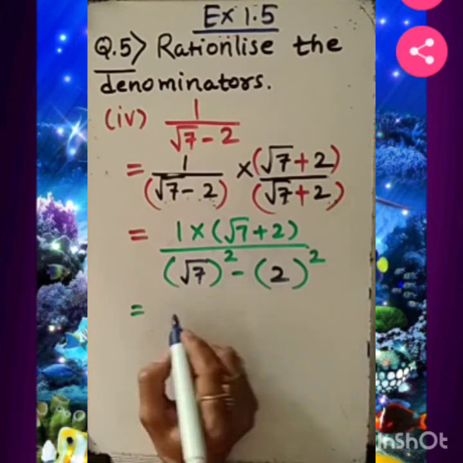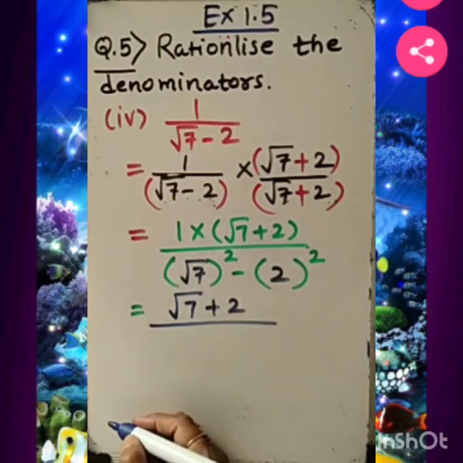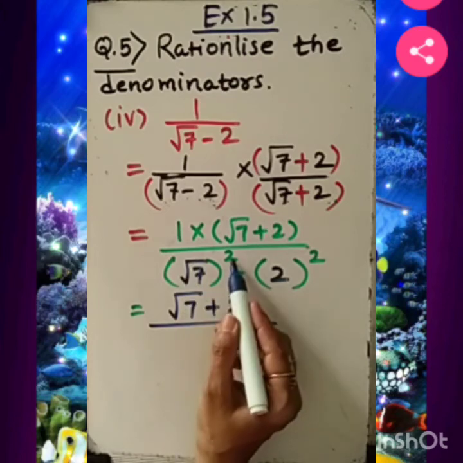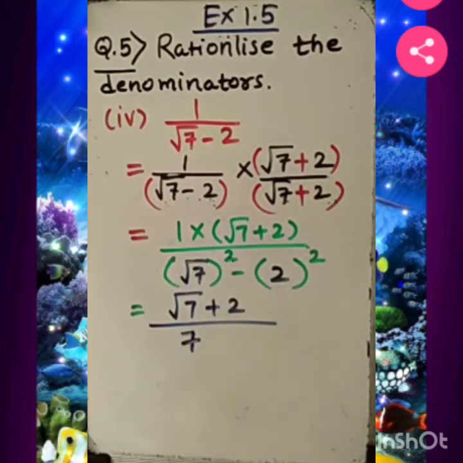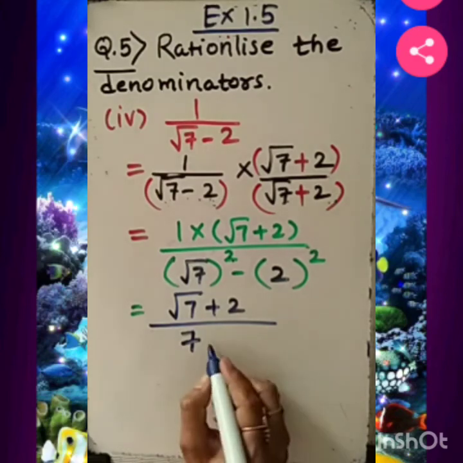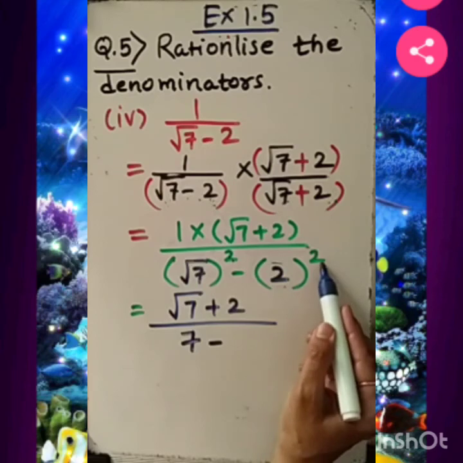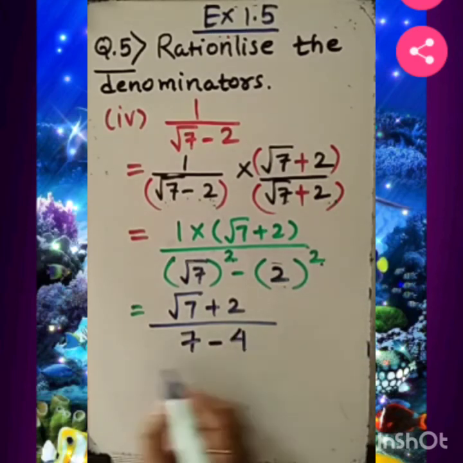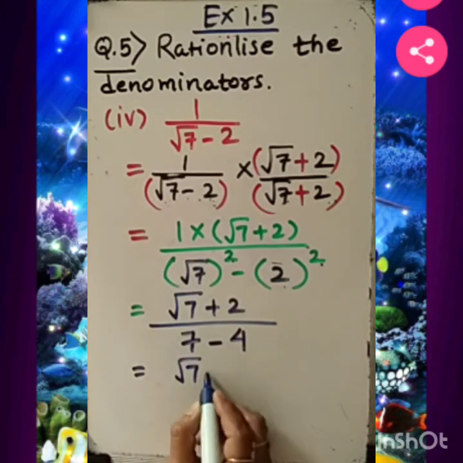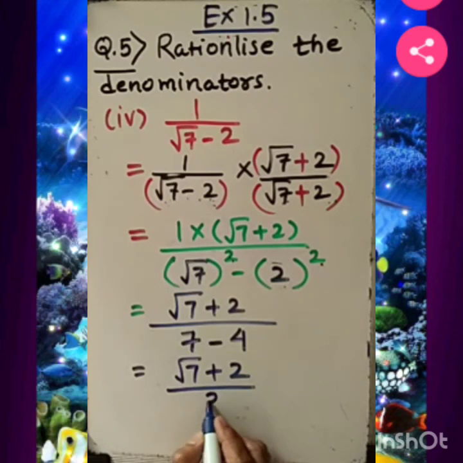So the numerator is root 7 plus 2 upon, root 7 square, under root 7 square gives only 7, minus, as we are not given a root here, 2 square. 2 square, all of us know 2 into 2 is 4. So the final answer we need to write is root 7 plus 2, and 7 minus 4 is 3.